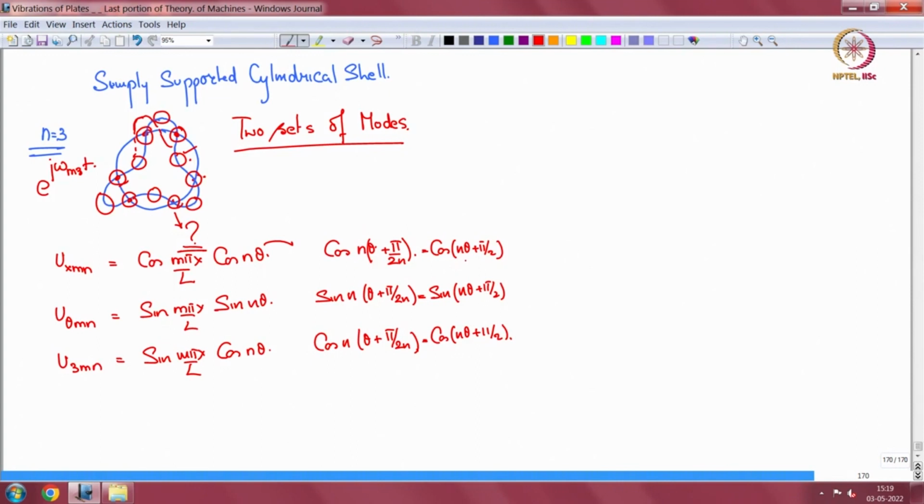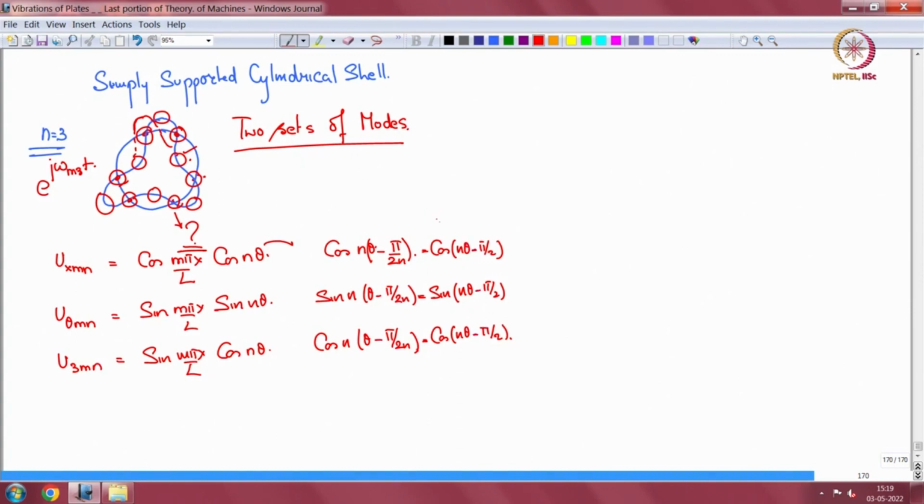So we will stick with a minus here, as the textbook sticks with a minus, to be consistent with the text. So minus, okay, minus cos n theta minus pi by 2, sin n theta minus pi by 2, cos n theta minus pi by 2.